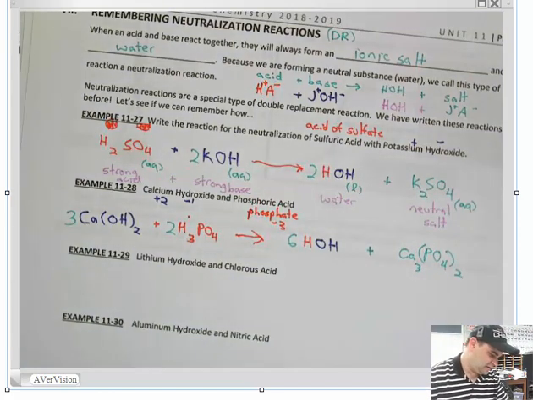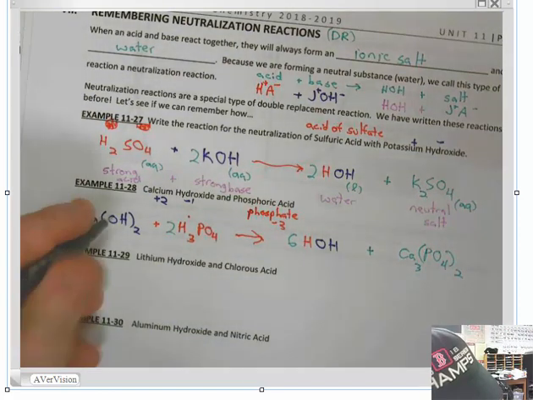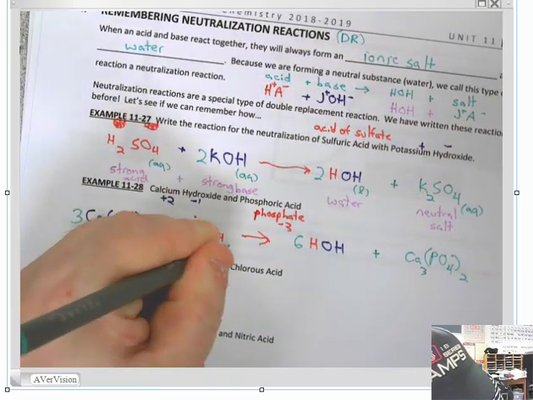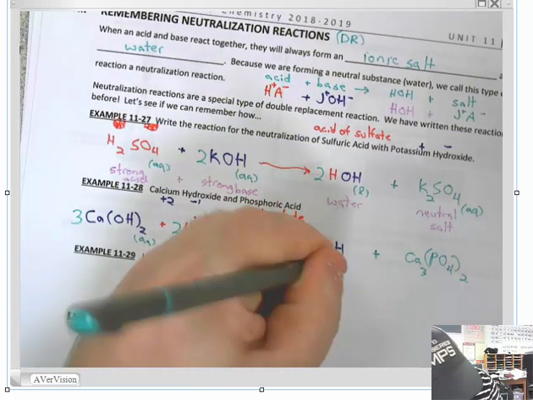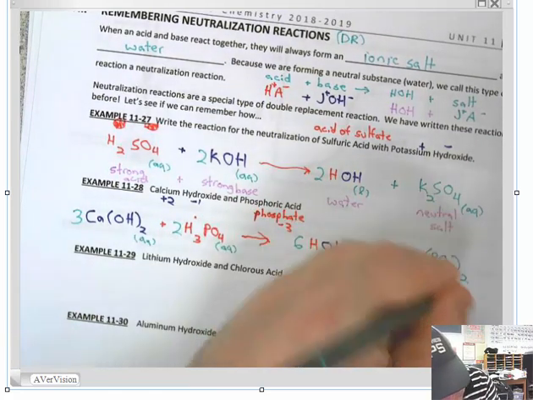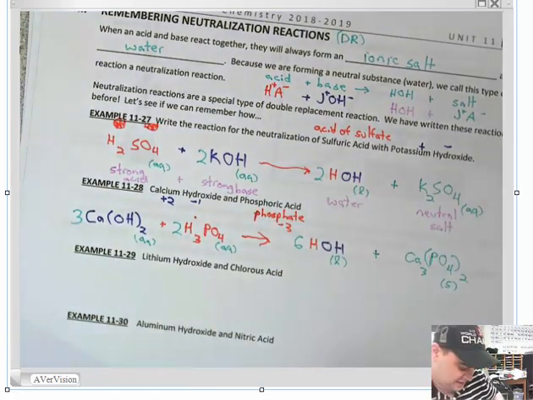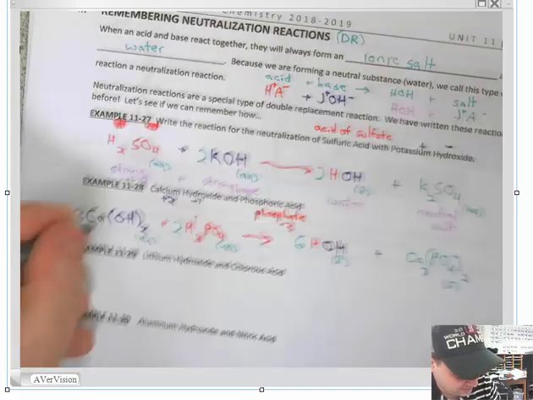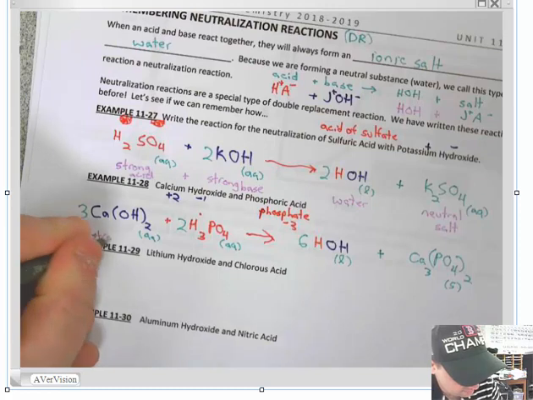Okay, state symbols again. This is a strong base, so this is aqueous, aqueous, liquid, and this will be a solid. Okay. If we look at our acid-base rules here, we see that this is a strong base.